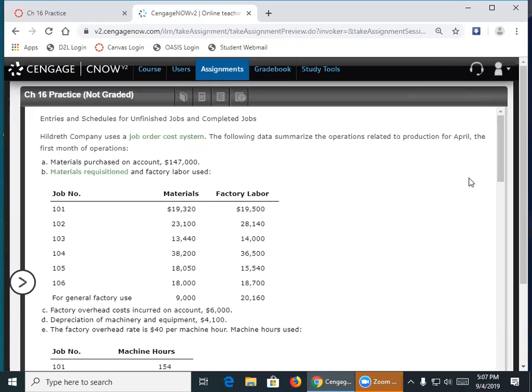That's all the materials cost. And I could do the same for labor. I could add up my total labor, including the indirect, and you should get 152,540.